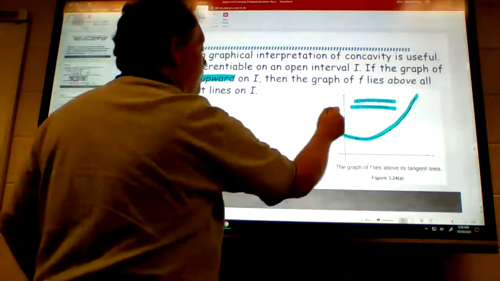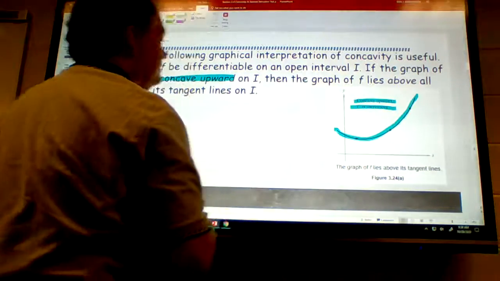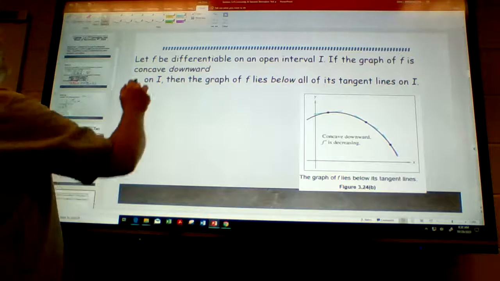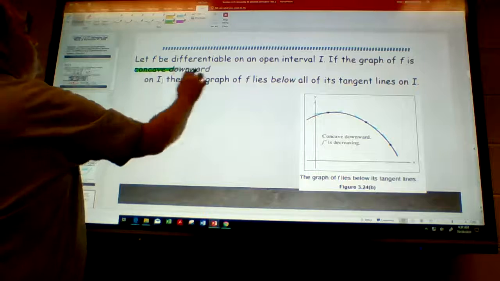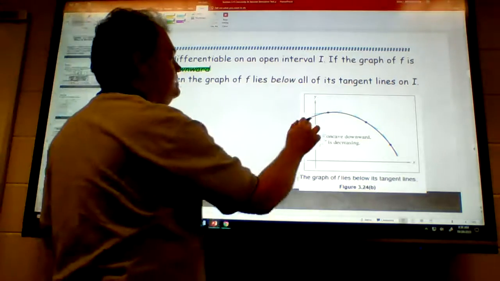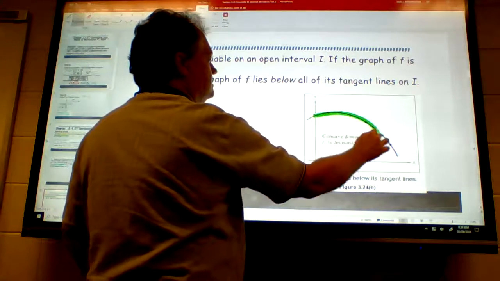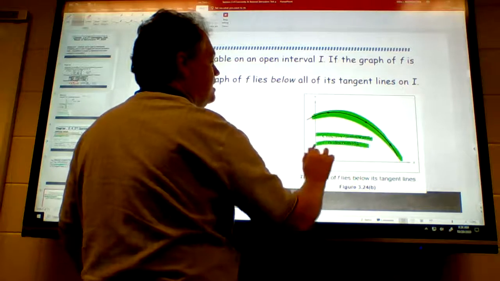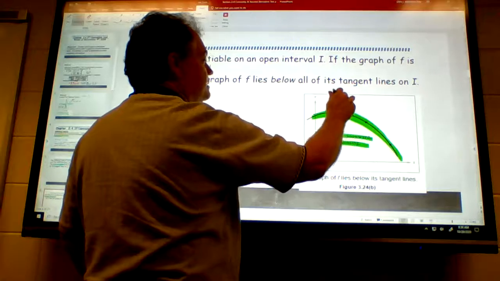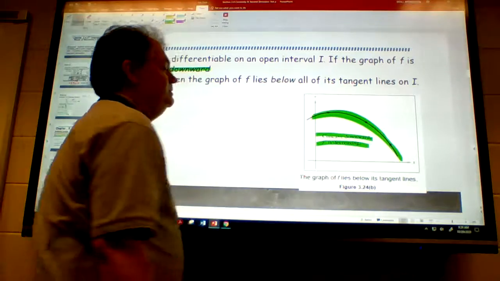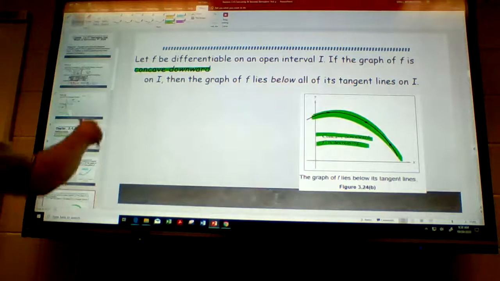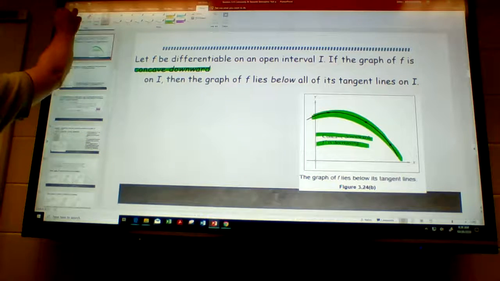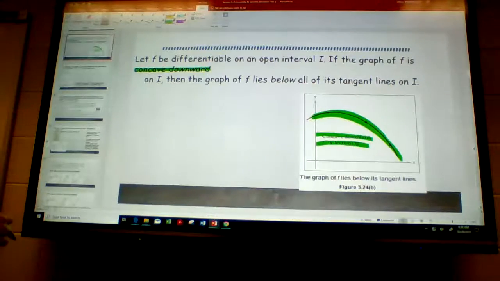The concavity, or the open part, is facing upward. On the other hand, if it's concave downward, you can see right there, f prime is decreasing. Like right there, f prime is getting smaller. All right, so the graph lies on or between the tangent lines.